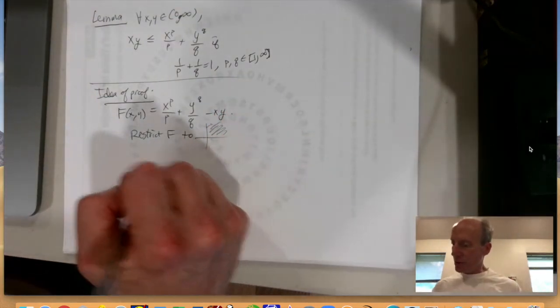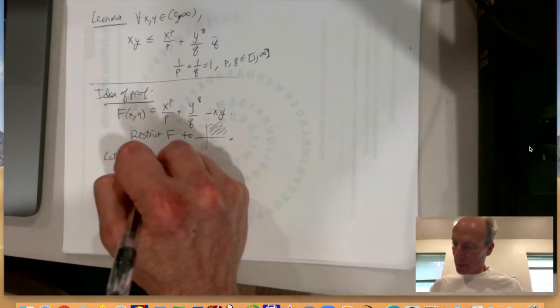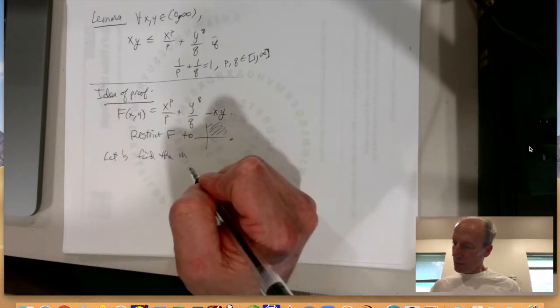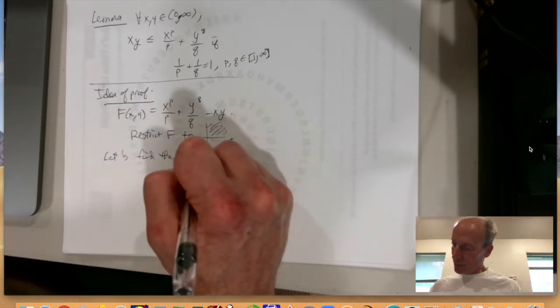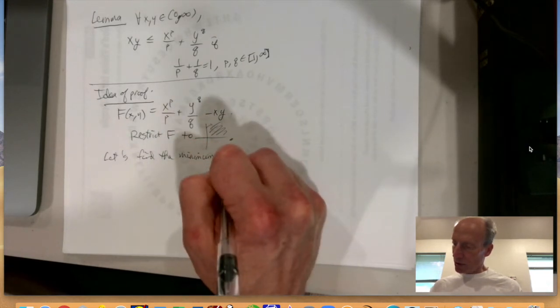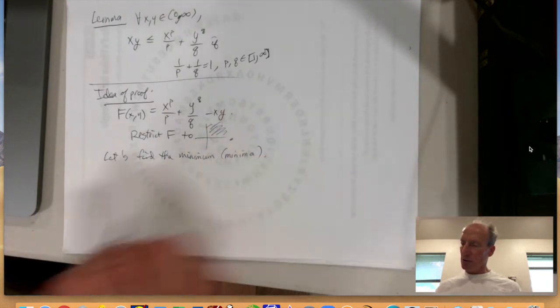And so let's find the maximum. Let's see, is that what we want, or the minimum? We want the minimum. Or actually, what will actually happen is the minima of the function.